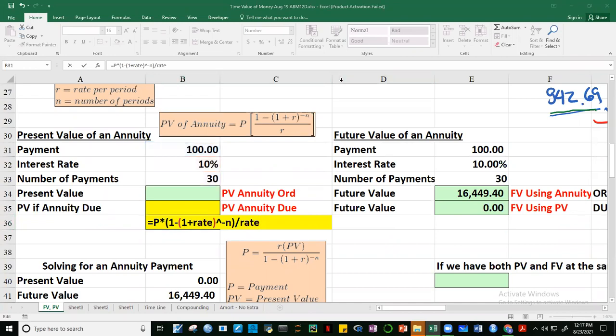Okay. All right, very good, very good. So we should be getting 942.69.